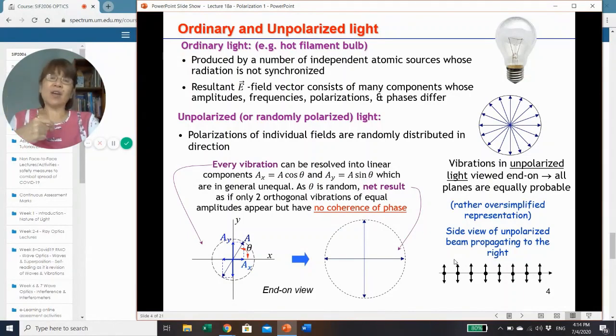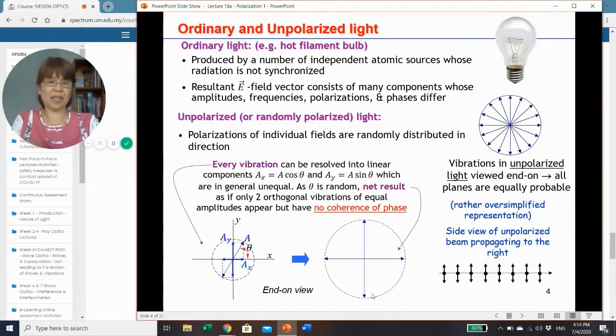So it's a rather oversimplified representation, and it's drawing this where the wave is coming towards us. Then in that sense, if the wave is coming from my left to right, then we will draw it using arrow phasors that look like this, vertical and horizontal, the one going in and out of the page.